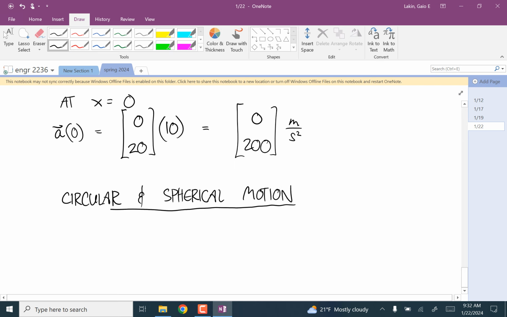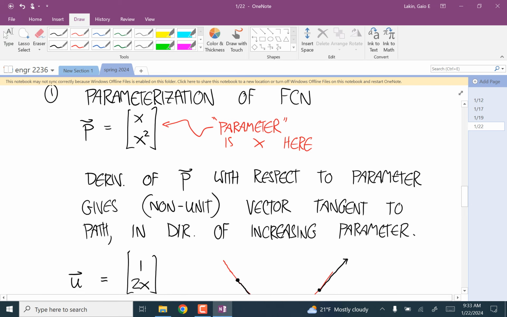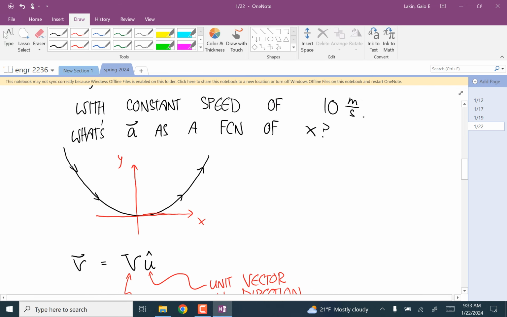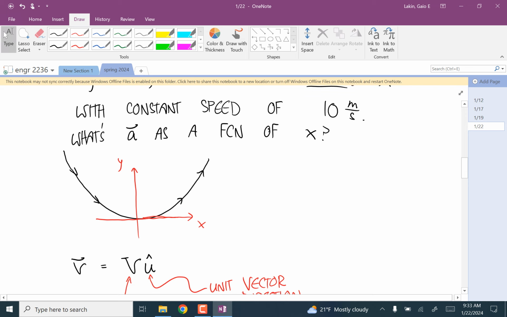I have a quick question. So we have this path and the acceleration doesn't depend on mass, right? And a parabola is obviously like the acceleration due to gravity. Well, here we have constant speed.